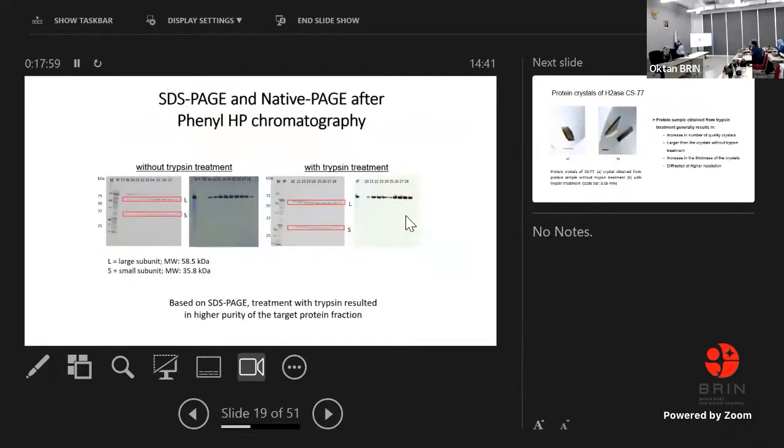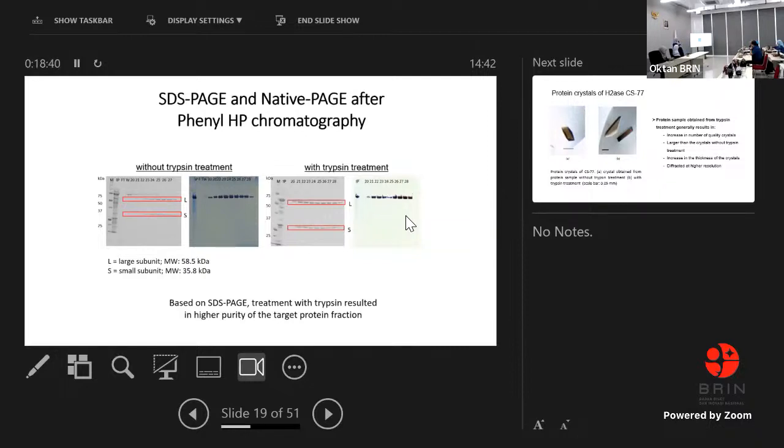This is the purification after we did the treatment. This one is without trypsin treatment, and this is with trypsin treatment. You can see that the purification after we introduce trypsin before the purification resulted in a much purer protein compared to the one without trypsin.